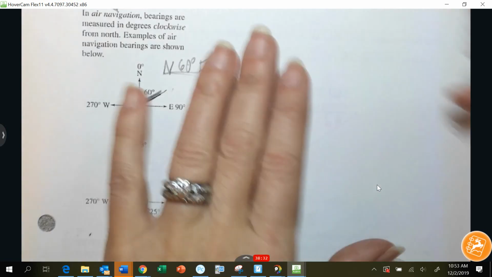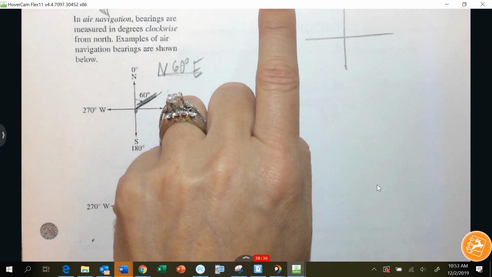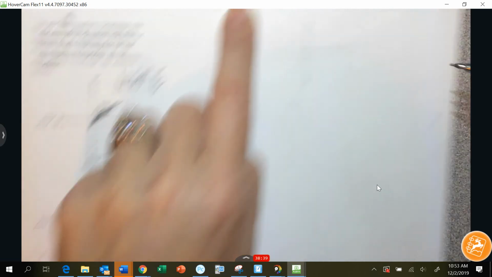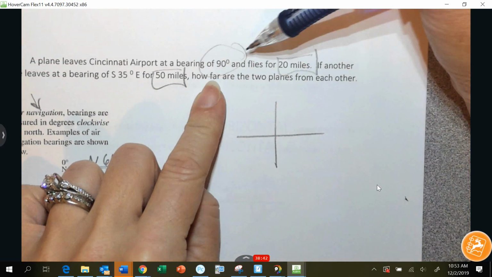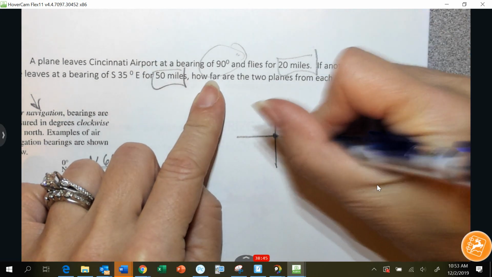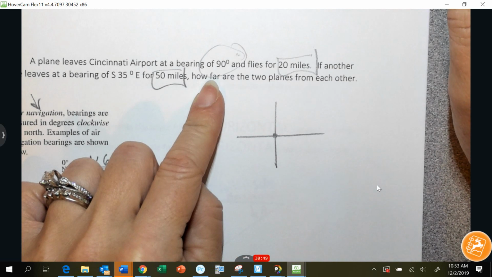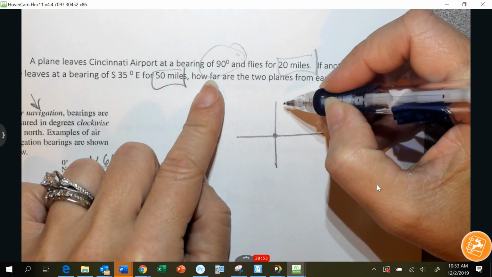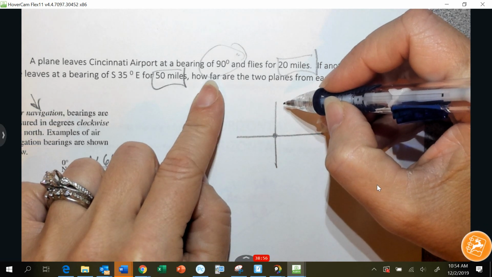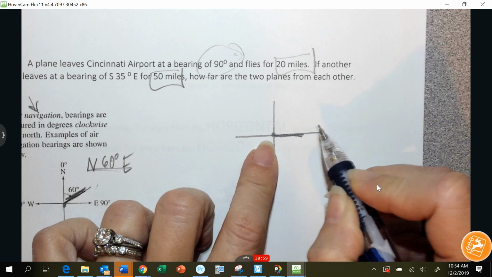If it flies a bearing of 90 degrees, here's an airplane taking off right here. It flies a bearing of 90 degrees. Where will that go? Straight up means 0 degrees for the air traffic, so it's going to go east for 20 miles.